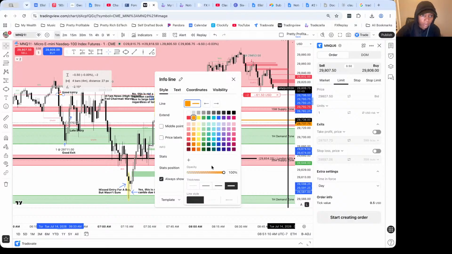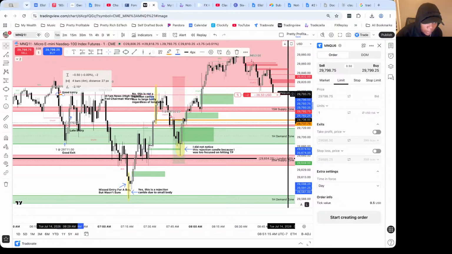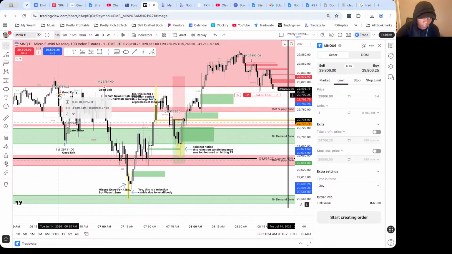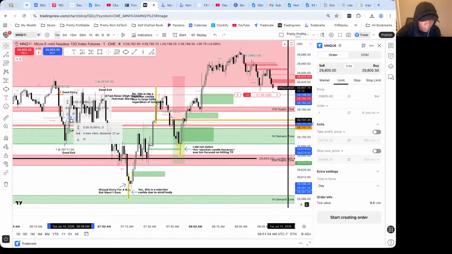I don't know what it is about thick lines, but I like thick lines. I don't know why. So that lets me know entry. Let's really go ahead and copy that. Okay, dry enough. Entry should have been here.